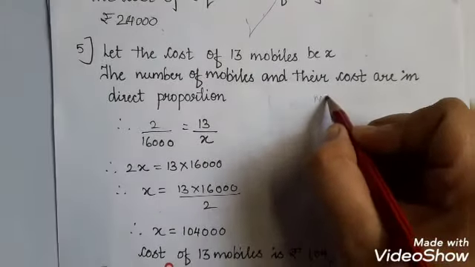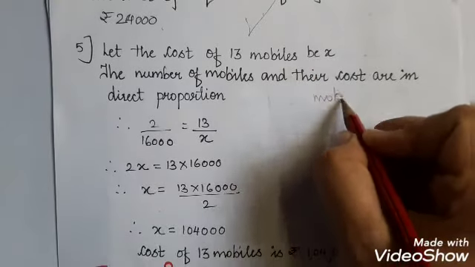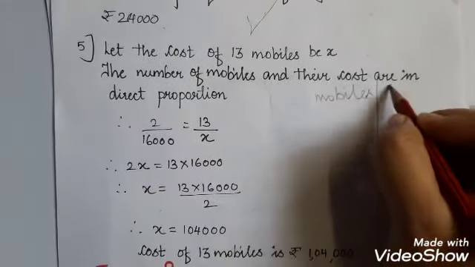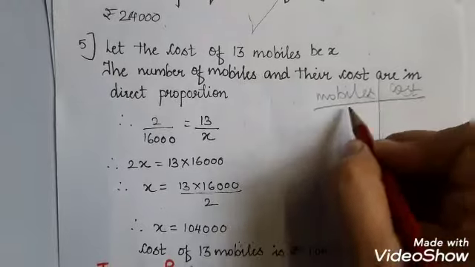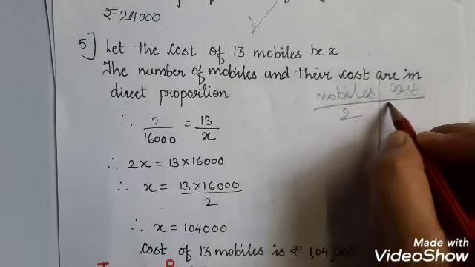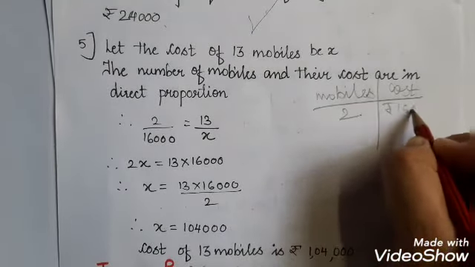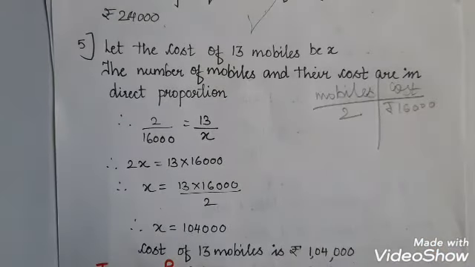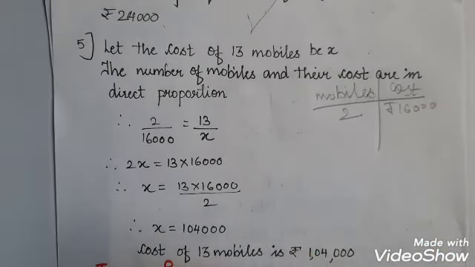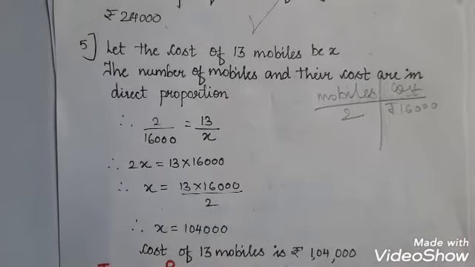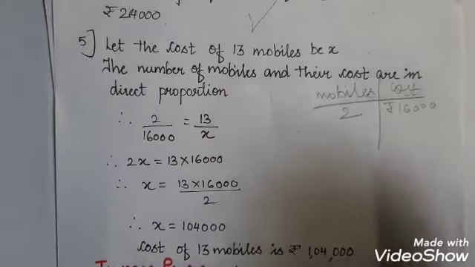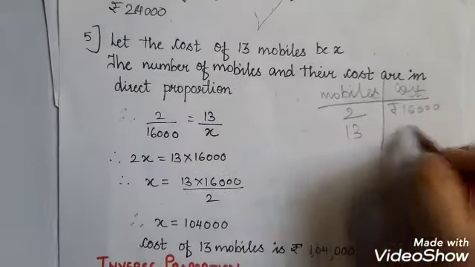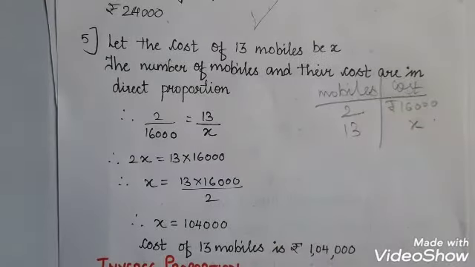You can write it in a statement, or else you can make two columns, mobiles and cost. So two mobiles cost rupees 16,000, right? So how much money will be required to buy 13 mobiles? So 13 mobiles require X.